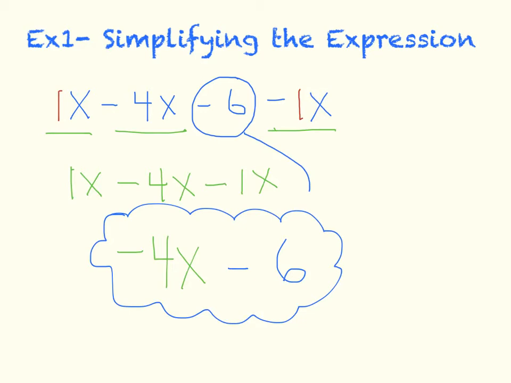So just to recap, a couple things in this slide to remember as we move forward. Add coefficients. If you need to add a coefficient, you can add ones. And finally, don't forget that if a minus sign comes before a term, we consider that term to be negative. And that is our final answer.